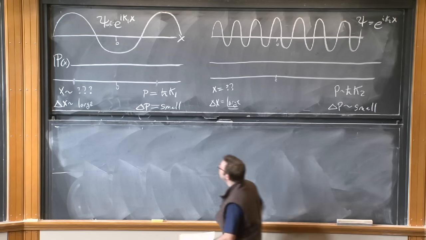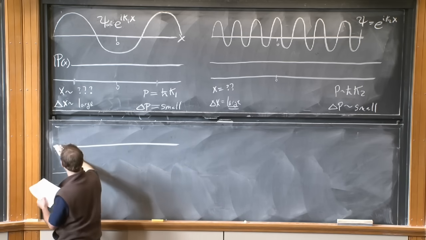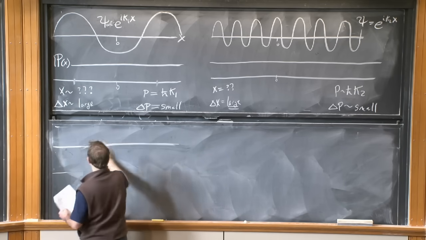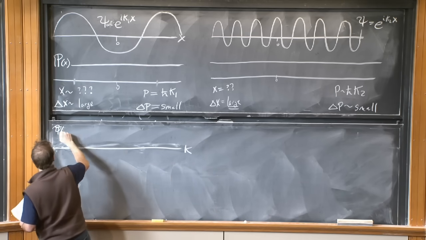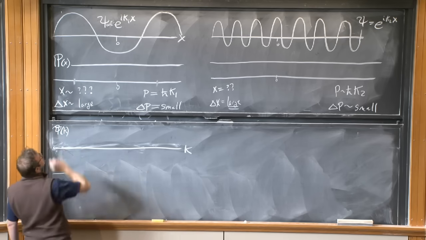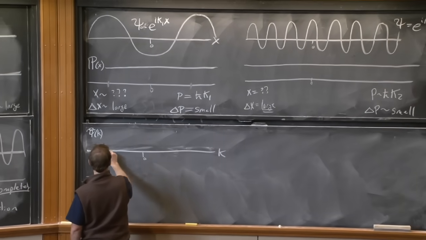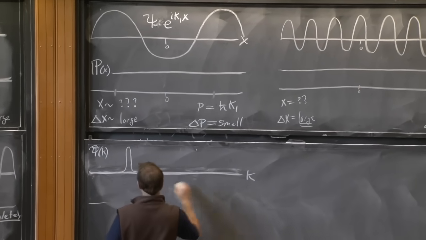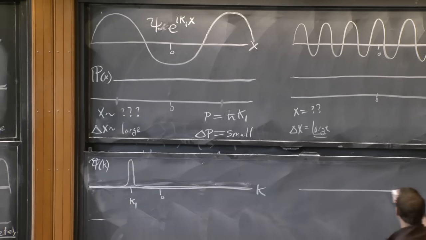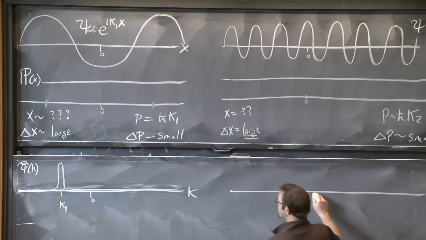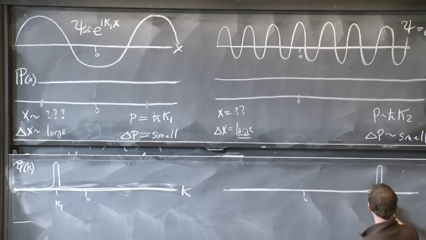So the Fourier transform of this guy is now, this is k, psi tilde of k. Well, that's something with a definite value of k. And its Fourier transform, this is 0. There's k1. And for this guy, there's 0, k2.